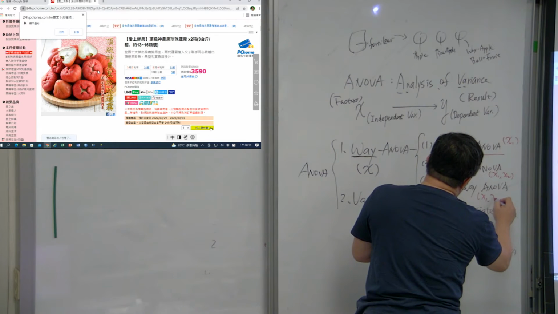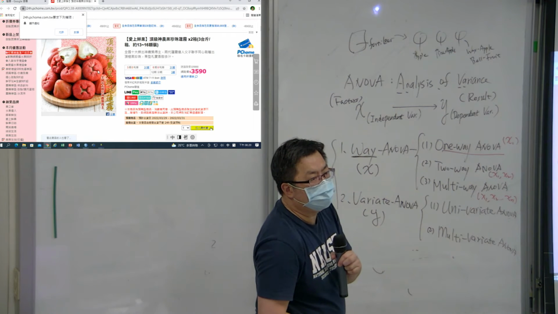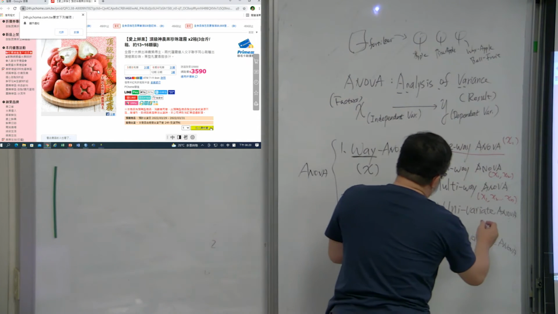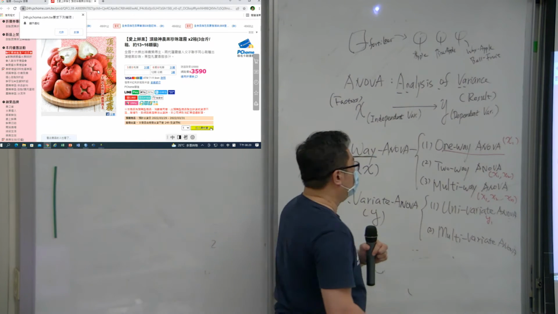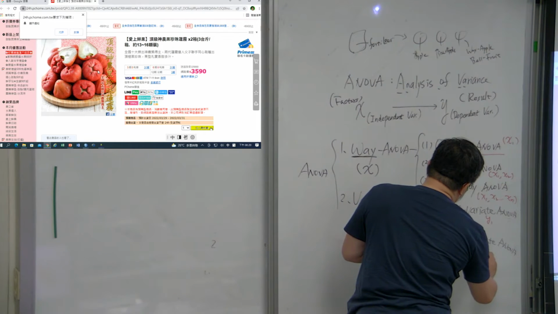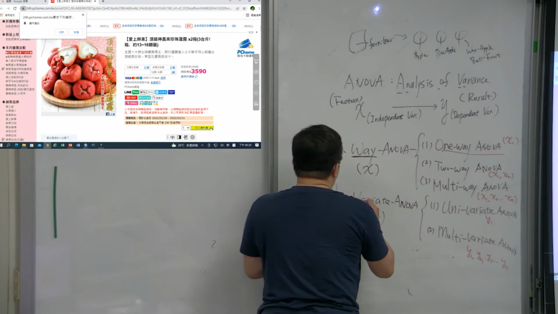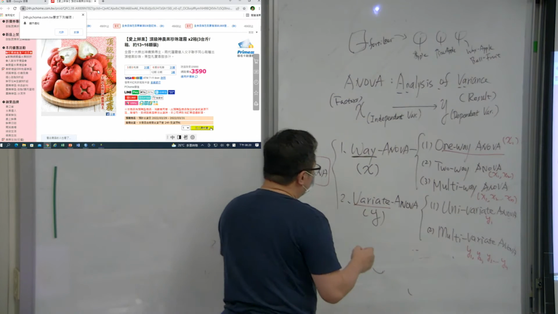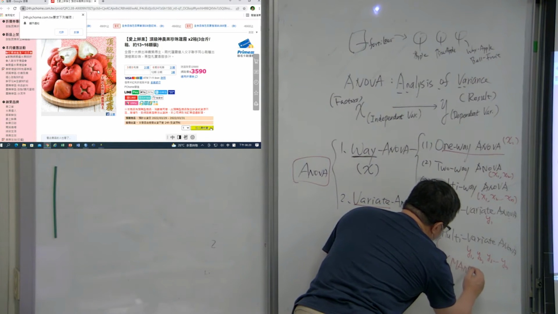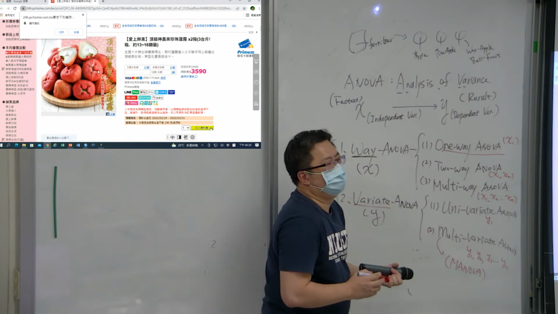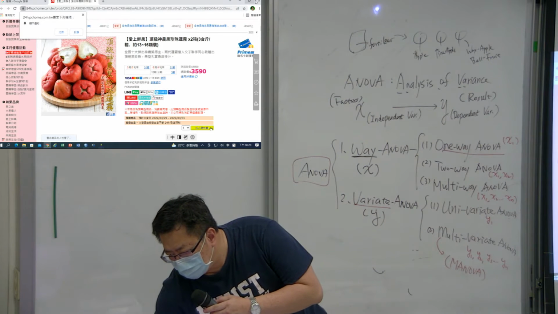Multi-way is studying about xn, right? Univariate, you only got one result. Multivariate, 2 or more than 2. But they are all ANOVA, okay? Sometimes we call this MANOVA. Okay, I already finished the ANOVA.